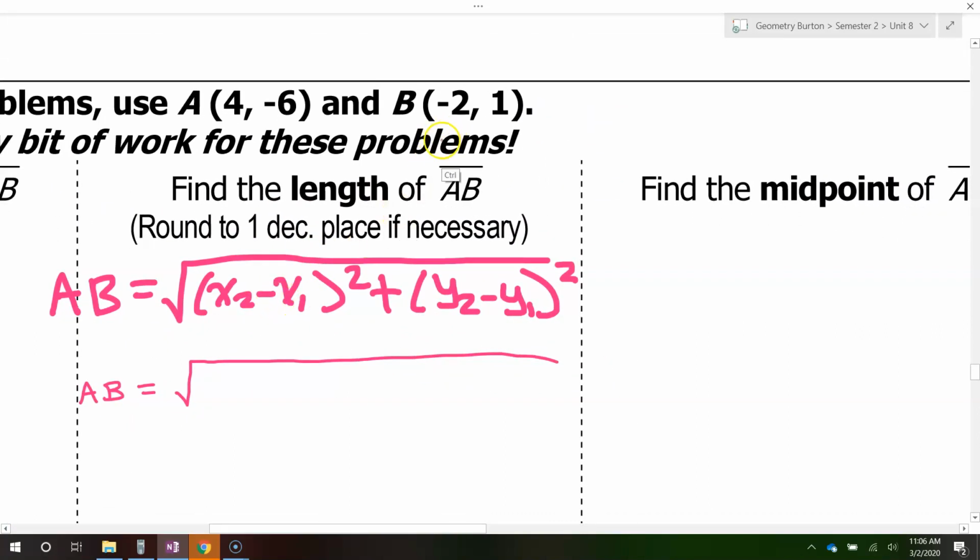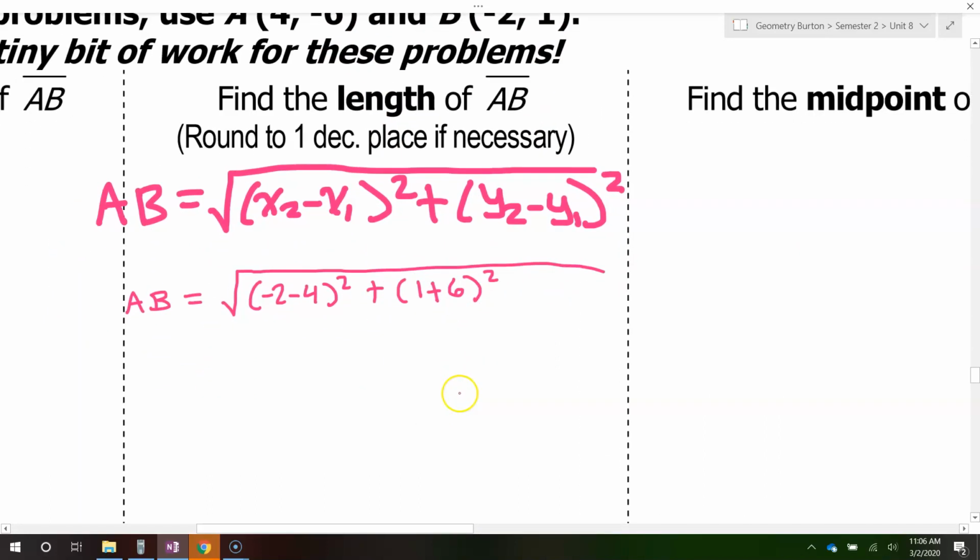So I've got negative 2 minus 4 squared. And then here's that y minus y again. So just like before, I'm going to wind up doing 1 plus 6, because 1 minus negative 6 is the same thing as 1 plus 6.